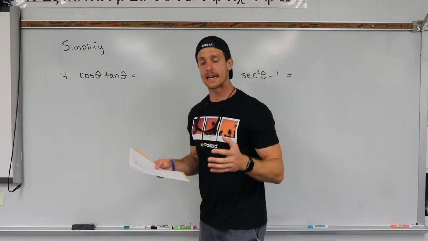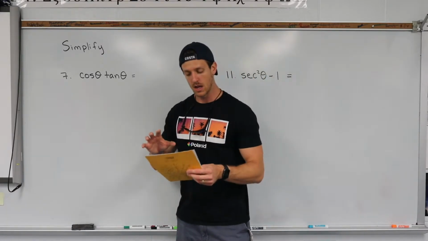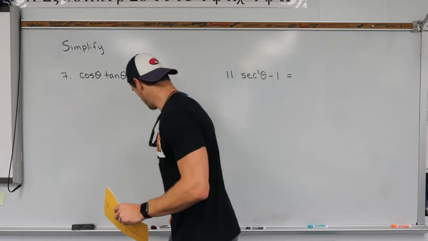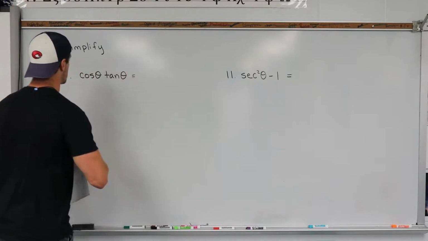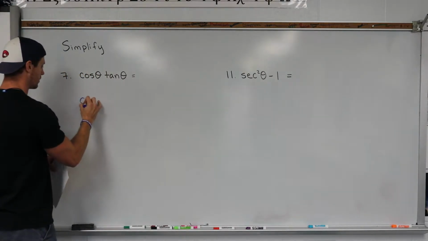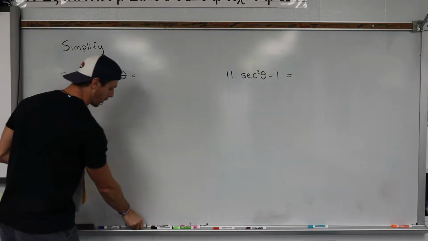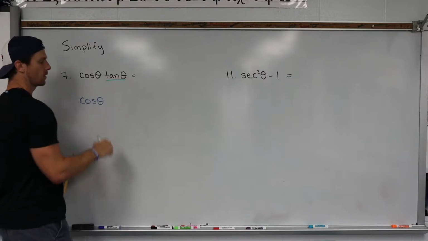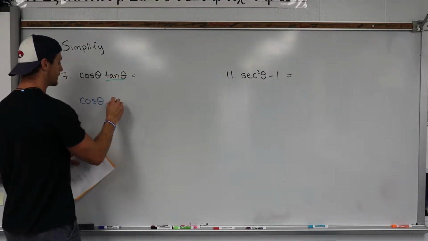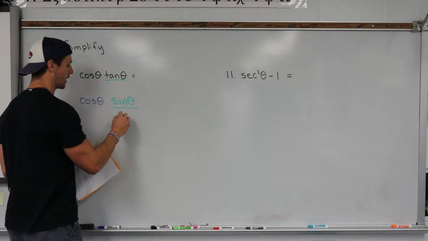Sometimes you can simplify by just getting everything in terms of sine and cosine. Well, this is already in terms of cosine. Cosine is cosine. But tangent can be written, using our identity sheet, as sine over cosine.